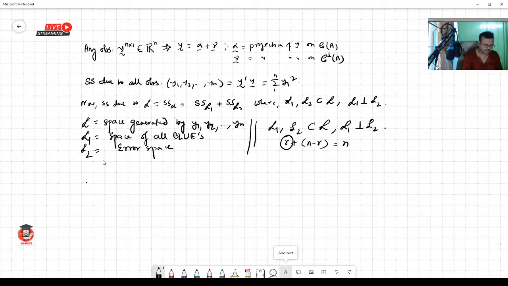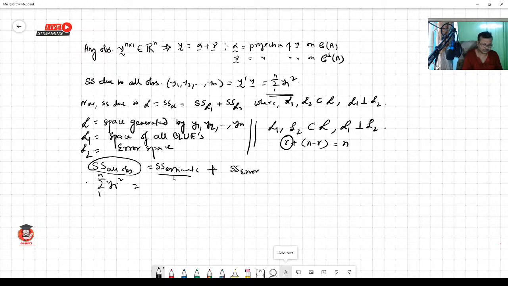So SS due to all observations is nothing but SS due to estimate plus SS due to error, and sum of yi square from 1 to n gives SS due to all observations.